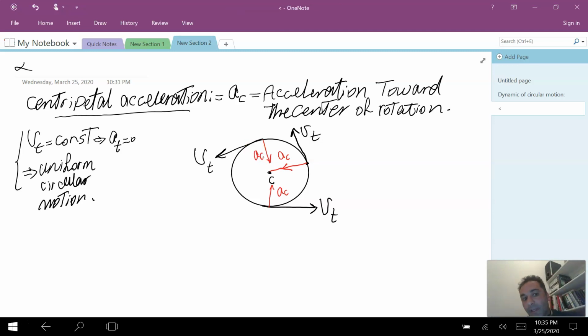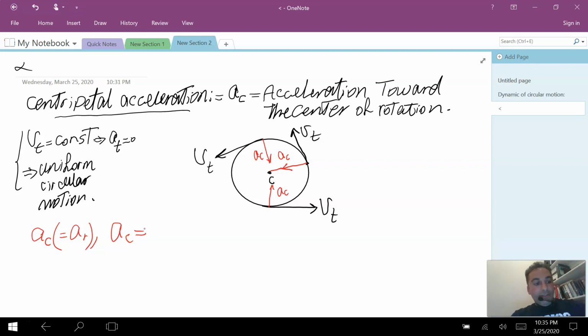We show this by AC. In some books, you can see it also as AR, meaning radial acceleration or centripetal acceleration. Either works, but I like to go with AC. Now it's up to you.